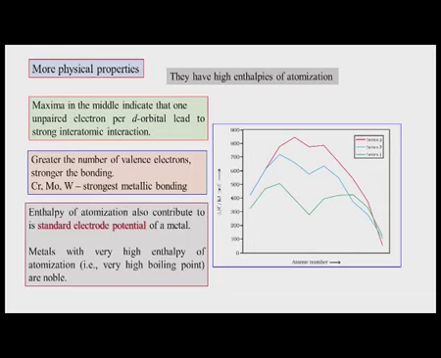So, high enthalpy of atomization together with the corresponding standard electron transfer potential makes them an energy greedy species, where both processes, the atomization process and the electron transfer process, are very high.